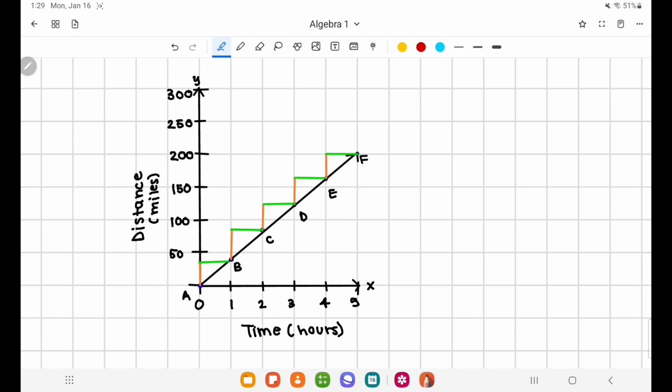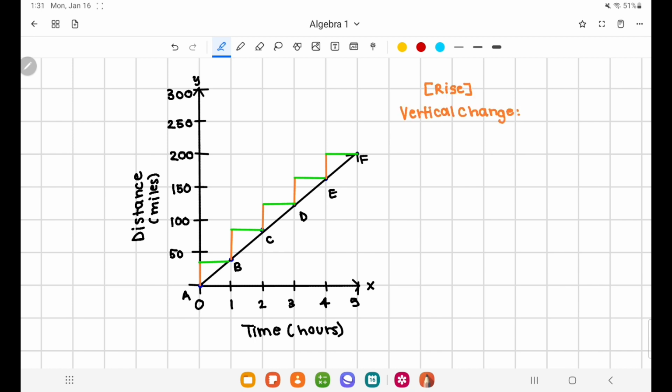So I labeled every point A, B, C, D, E, and F. And I also made this, you can think of it as almost a staircase. The orange line represents the vertical change and the green line represents the horizontal change. And this is what we're going to use to help us find the slope and look at some different ways to interpret the slope.